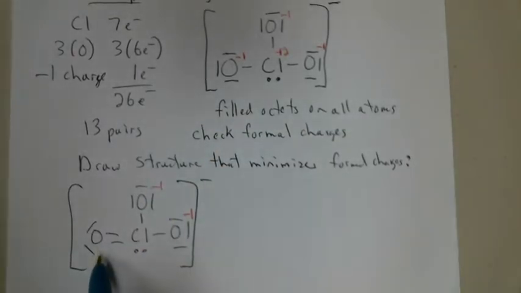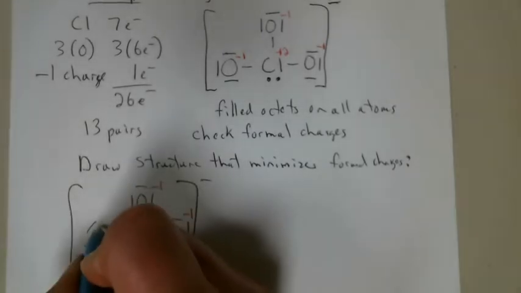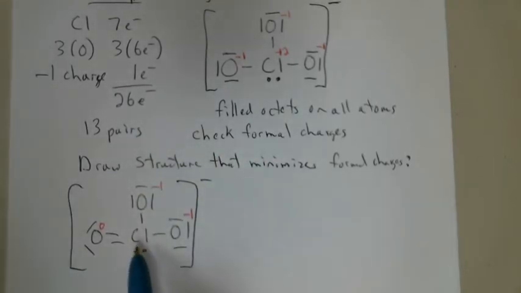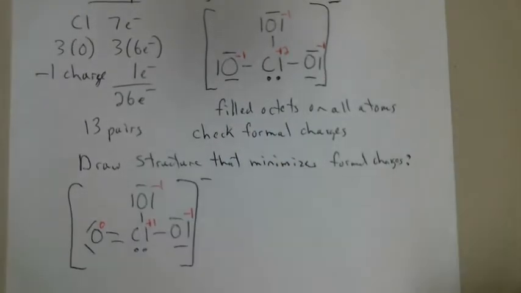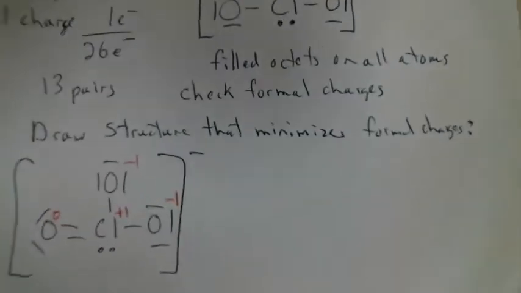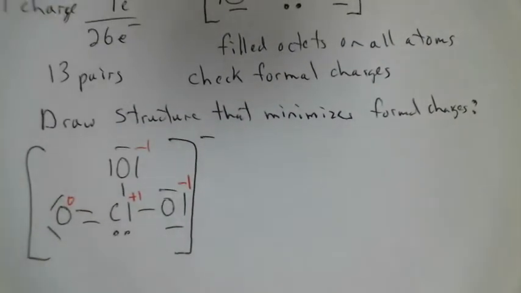But now this oxygen should have 6. It has 2, 4, 5, 6. So now that's a 0. What about the chlorine? It's supposed to have 7. It's got 2, 3, 4, 5, 6. So now it's down to a +1. So we've improved the situation a little bit.